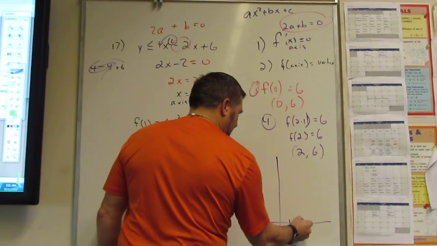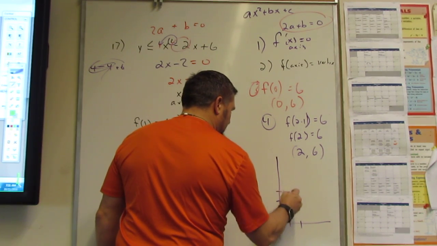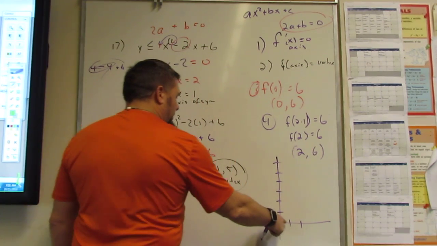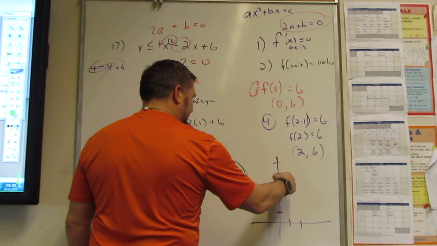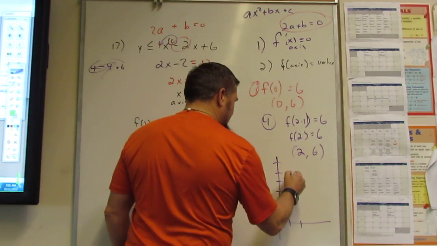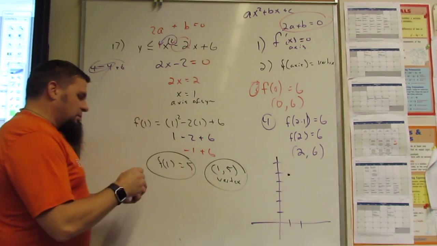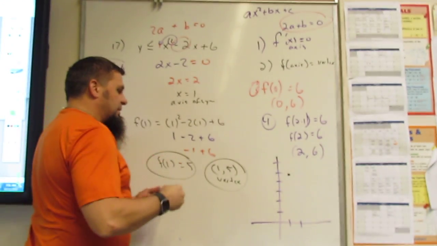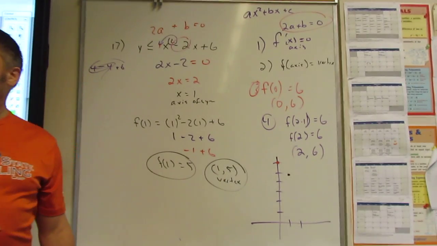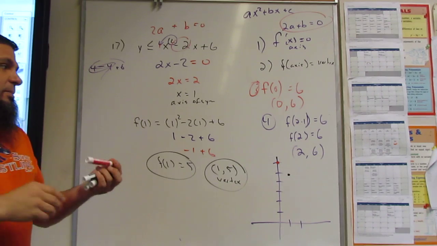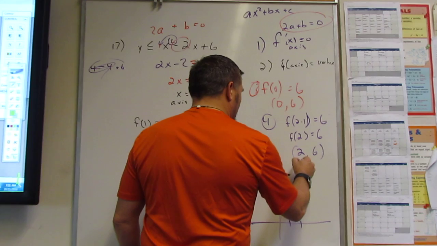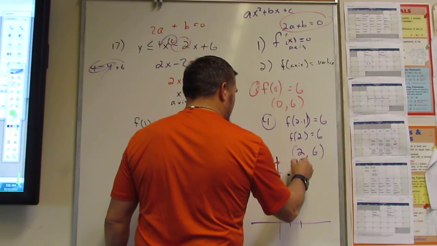So 1, 2, 3, 4, 5, 6. Okay, so at 1 and 5 is my black, my vertex. At 0 and 6, that's my y-intercept. And then my symmetrical point was the purple at 2 and 6.